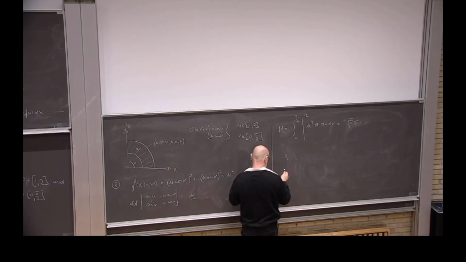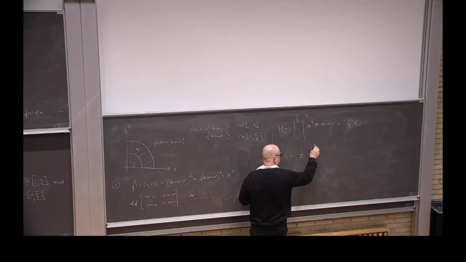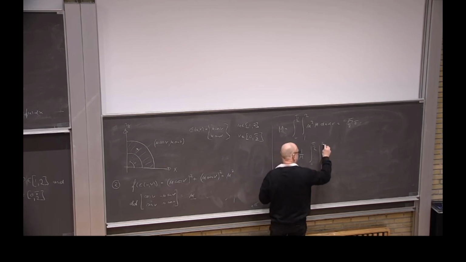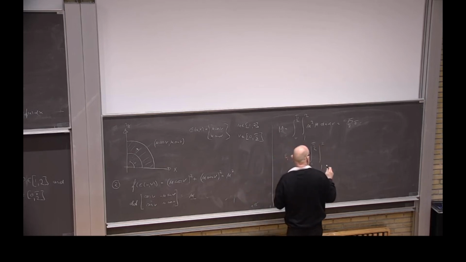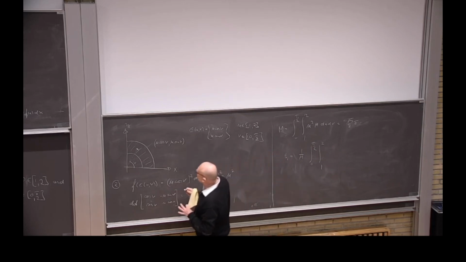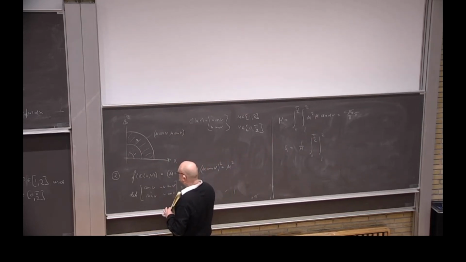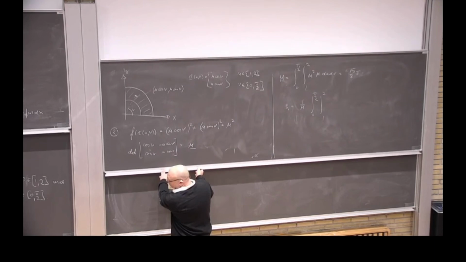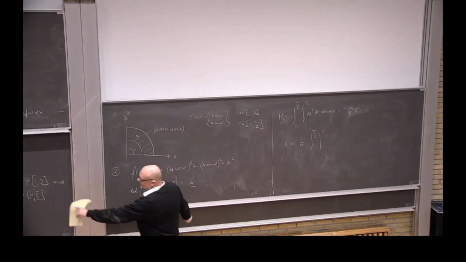I just write down this one. This is 1 divided by m, and then there's the integral from 0 to pi half, and the integral from 1 to 2. Now you need, in order, where did I put? Yeah, I have it over here.